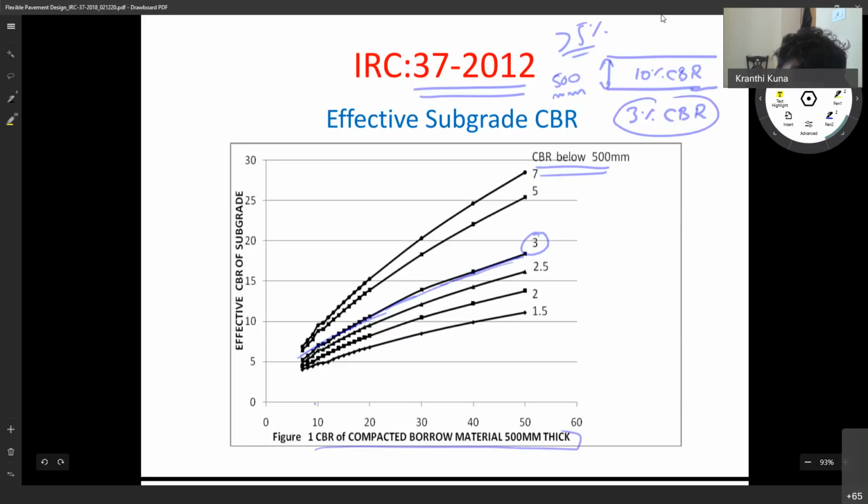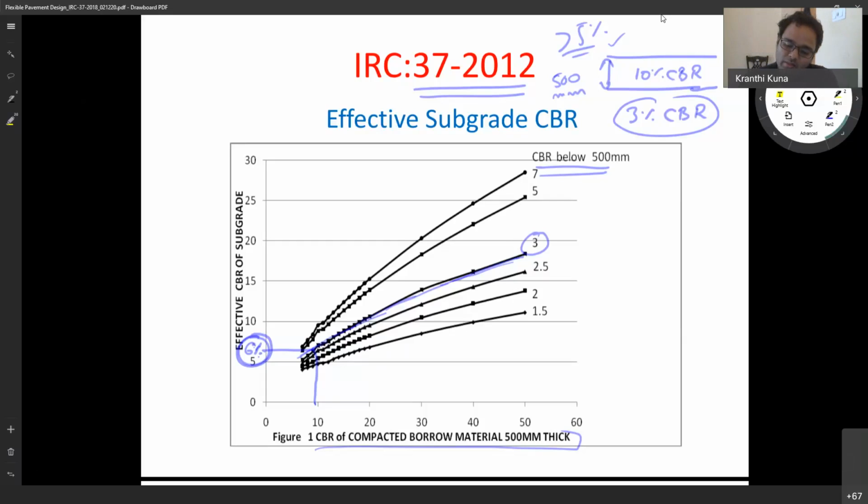Okay, and my borrow material CBR is 10, and what I do is I find this one, and you can see the CBR is around 6 or 6.5%. Okay, this is now greater than 5%. You can construct your pavement, and it is 6% CBR. What you found is this 6% CBR.